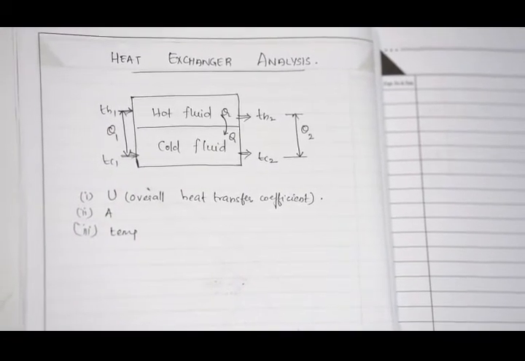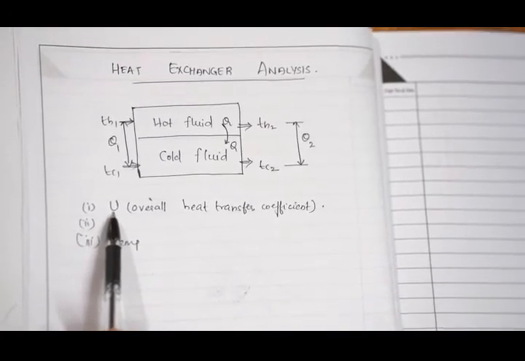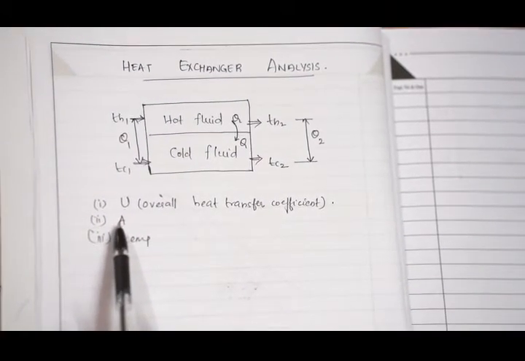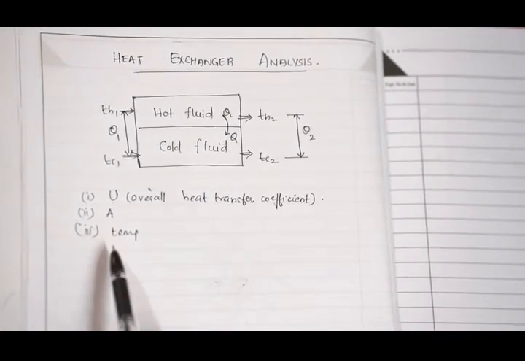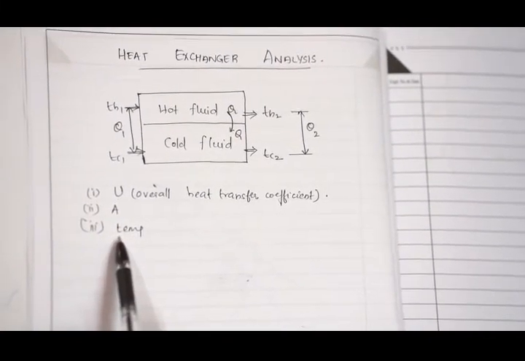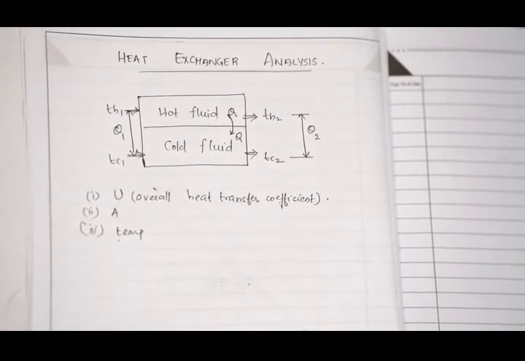Okay, three factors you have to consider. The first one is overall heat transfer coefficient, and the second one is area. Area means total surface area of the heat transfer, and the third one is temperature. Temperature means the inlet and outlet temperatures of the fluids.